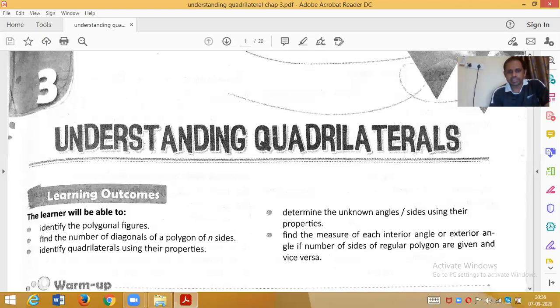If you open your chapter, you get this first page, chapter number 3, understanding quadrilaterals. So let us discuss quadrilaterals in detail. First of all, the definition of a quadrilateral, which is very simple.